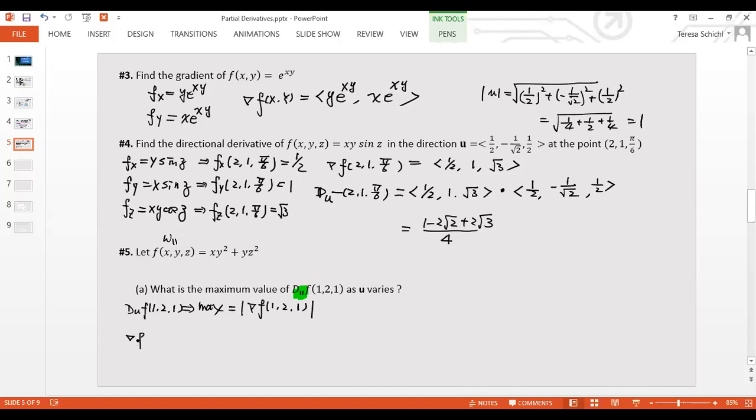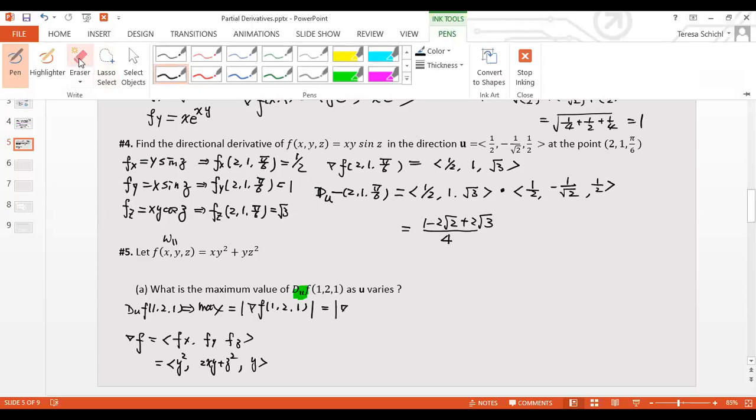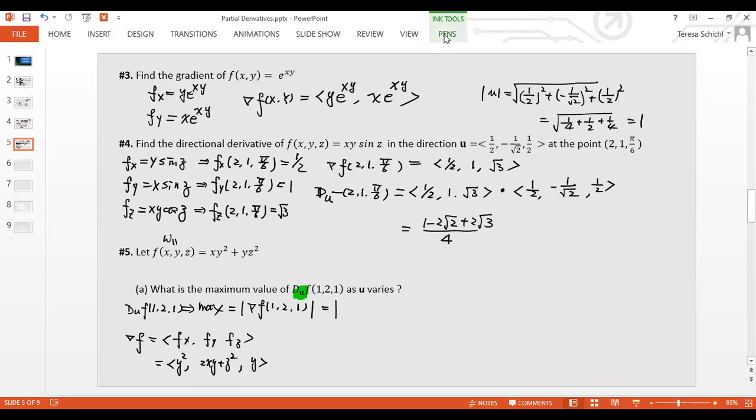Okay, now let's take a look at del f. Del f is (f_x, f_y, f_z) here. So f_x is y squared, and f_y is 2xy plus z squared. f_z is 2yz, right? Okay, so now we know this is del f at (1, 2, 1), right? So you just plug in the point.